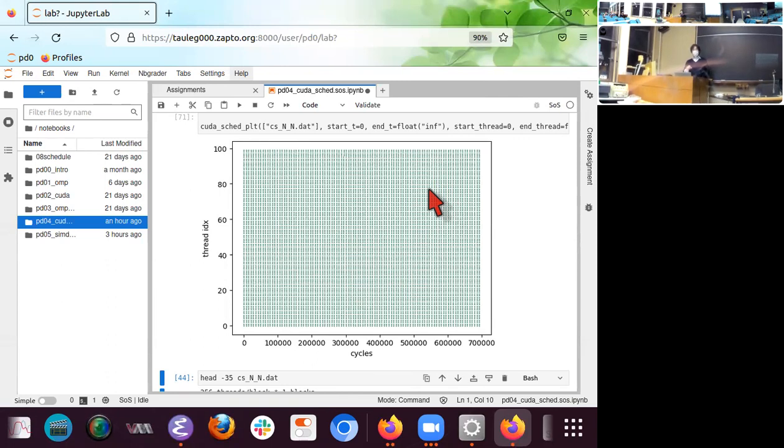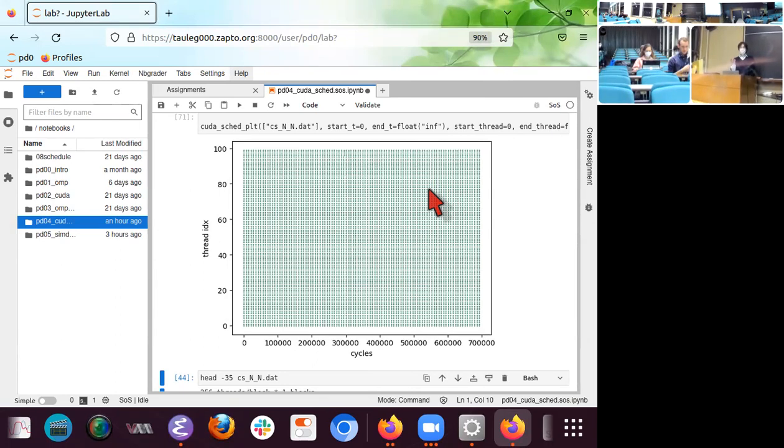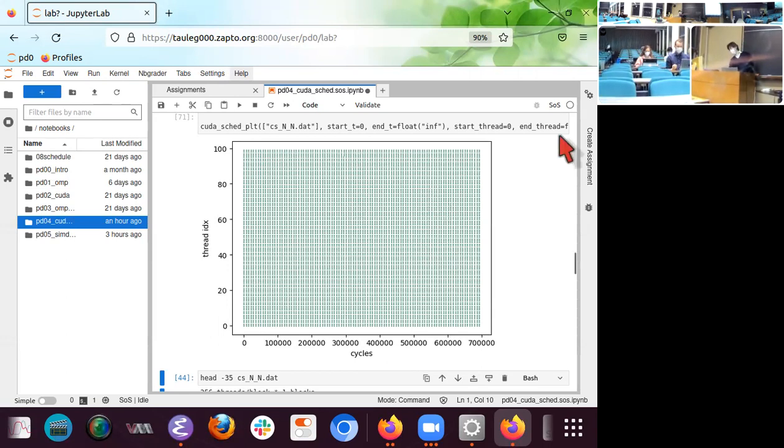So what does this indicate? This basically indicates even a single streaming multiprocessor has ample parallelism inside. It is capable of executing so many threads simultaneously.